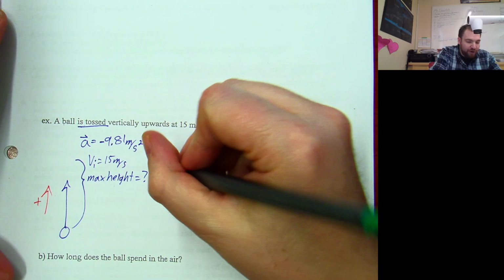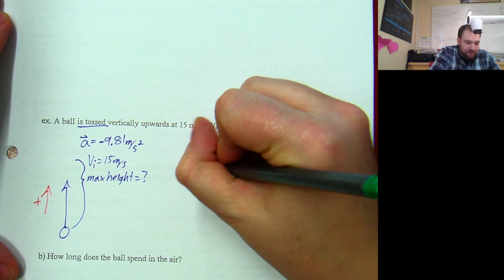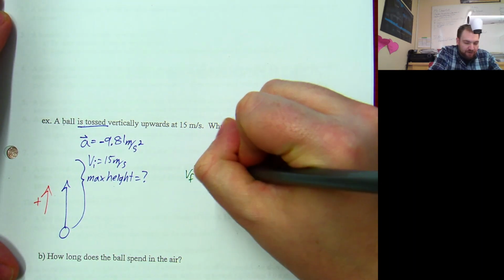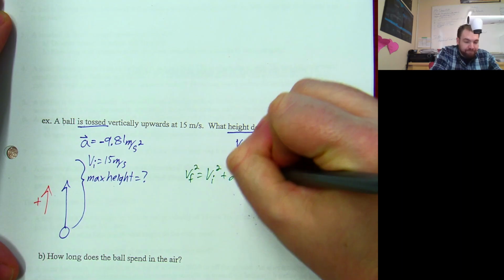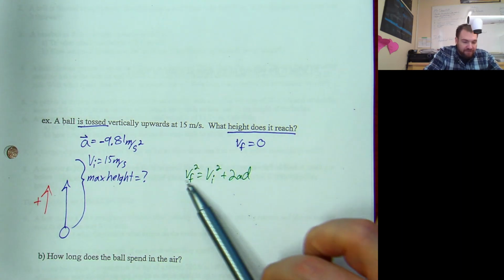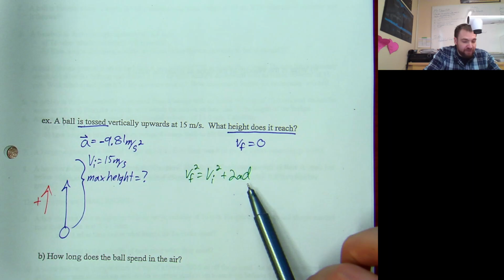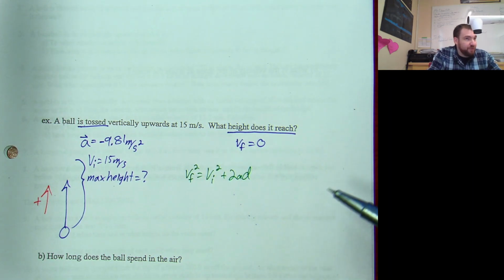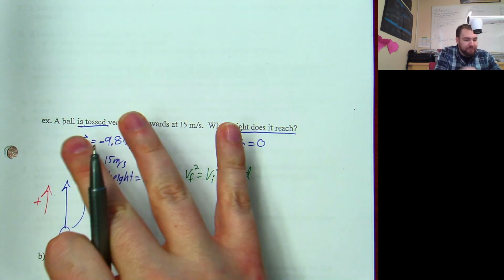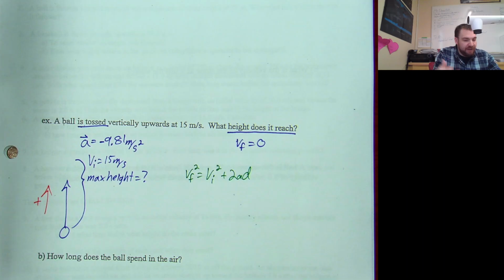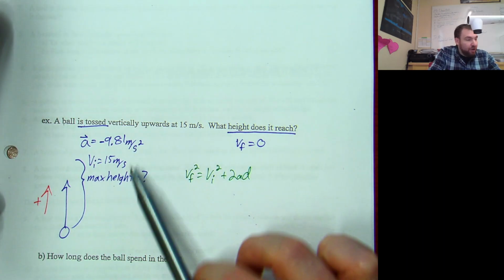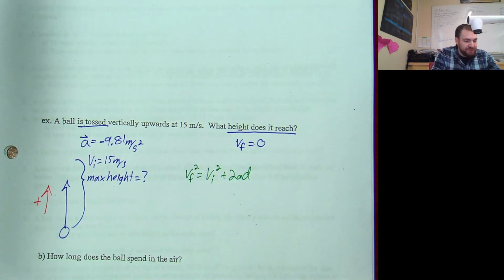While y'all are digging for it, I heard Zaid say VF squared equals VI squared plus 2AD. VF, VI, A, and the max height is that D value that I'm looking for there. This is the kinematic equation we're going to use. So once we've set it up, we write down our equation, we fill in the values, and we solve it. The units all work, so I don't have to do any conversions there.